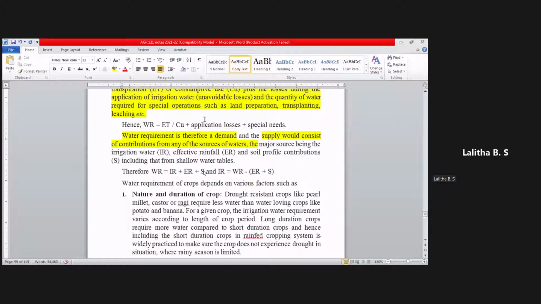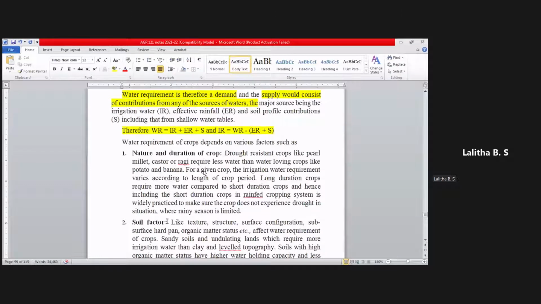From the supply side, the water requirement is equal to the irrigation water, how much irrigation water we have given, plus the rainfall we receive in between while irrigating, which is called effective rainfall. In some areas moisture is also contributed from the deeper soil profile. That is the supply side, so you should remember both these things, demand side and supply side. Then again, the water requirement of crops depends on various factors.